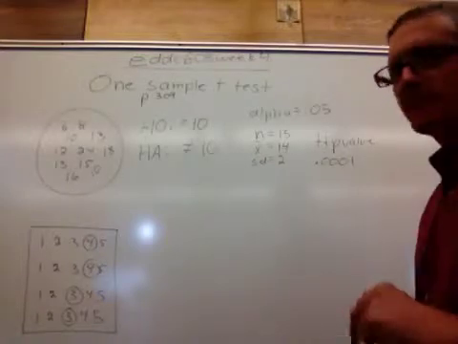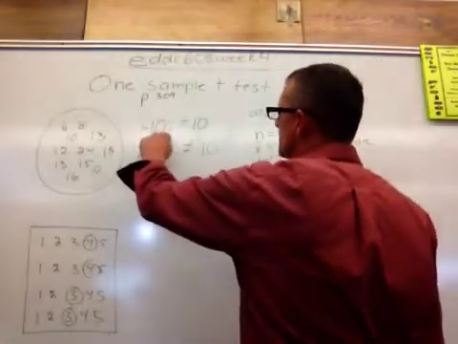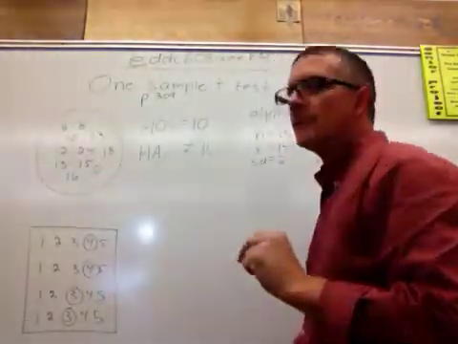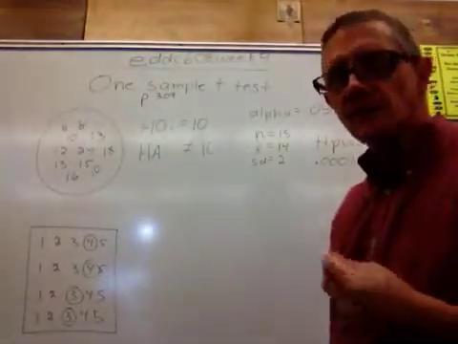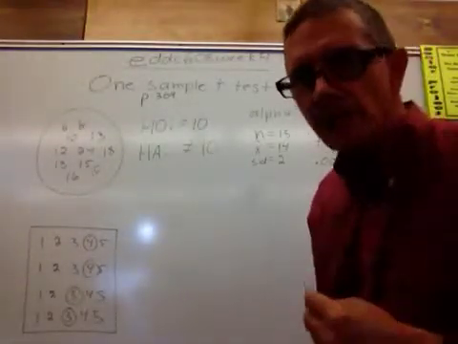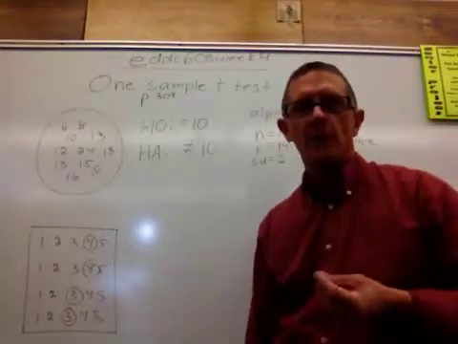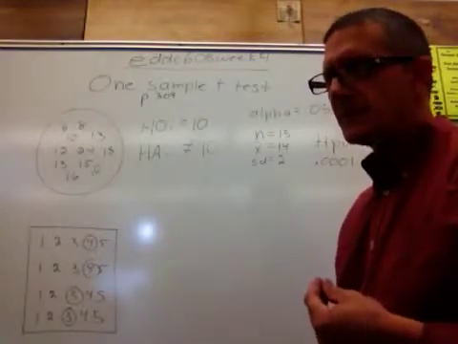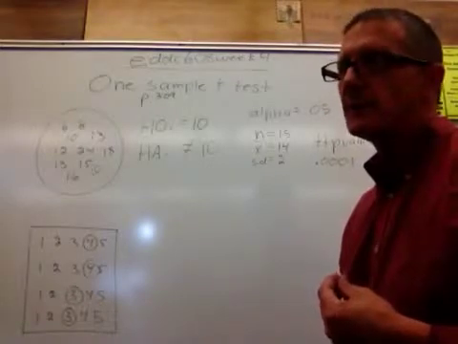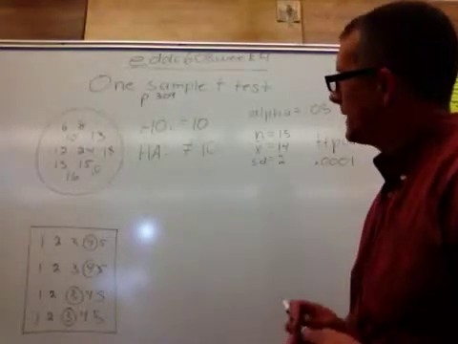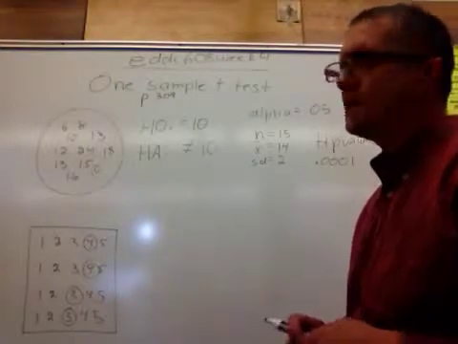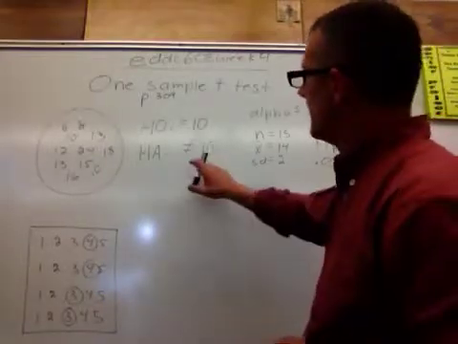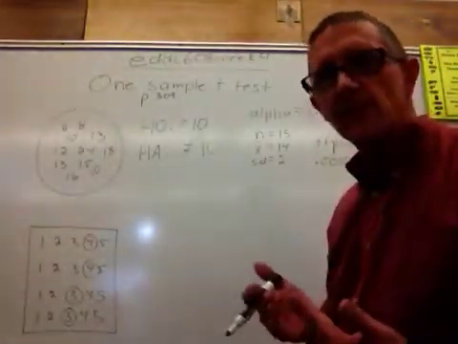We can then make a statement and say that we reject the null hypothesis that the mean length of cat tails is 10 in favor of the alternative hypothesis, which is that the mean length of cat tails in the population is not 10. Now, with an alternative hypothesis, we can never confirm it. All the alternative hypothesis does is shed doubt on the null hypothesis. So we make the statement that we have evidence to reject the null hypothesis that the mean length of the cat tails is 10 in favor of the alternative that it is not 10. And as a researcher, that's all we can do.